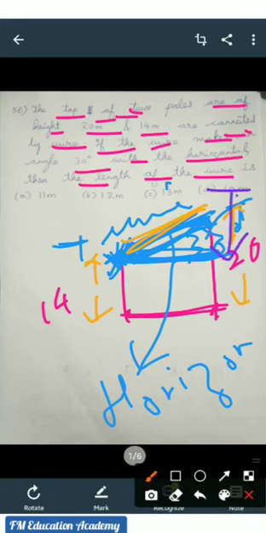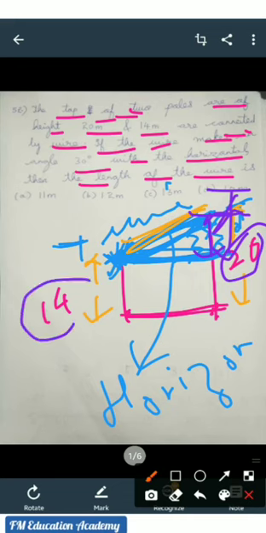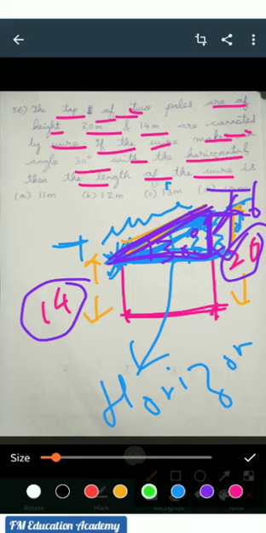This total will be equal to how much? 20 minus 14. What is 20 minus 14? It is 6. So we got the height of this triangle as 6, and we also know 30 degree here, and we have to find out the length of this wire. So here we know the height 6 and we know the angle.